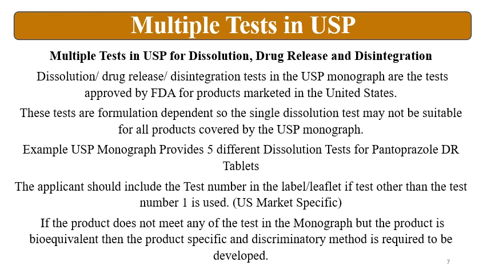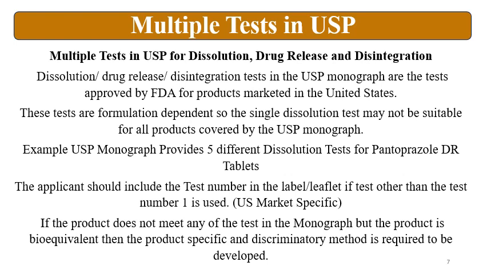The dissolution, drug release and disintegration tests in the USP monograph are approved by the US FDA for products marketed in the United States. The same case may or may not apply to other pharmacopoeias. But specifically for USP, these tests can be included and these tests are formulation dependent. So a single dissolution test may not be suitable for all products covered by the USP monograph.